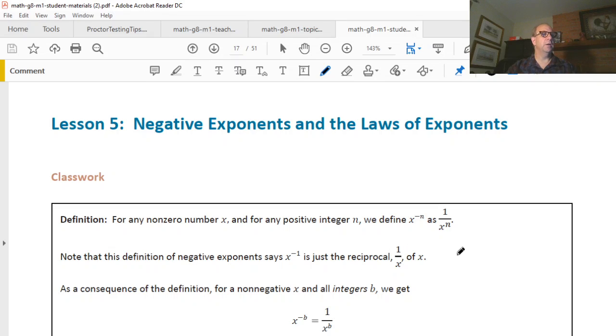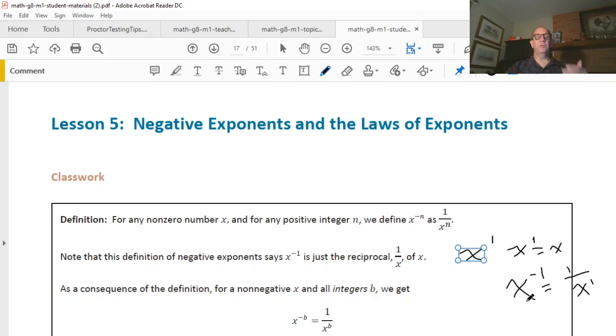But if I have 1 to the first power, that's going to equal 1. The reciprocal of 1 to the first power is supposed to be 1 to the negative first power, and that would be 1 over 1 to the first power.